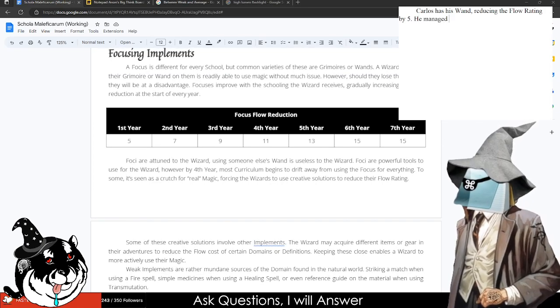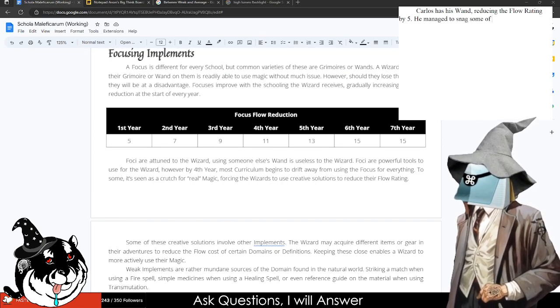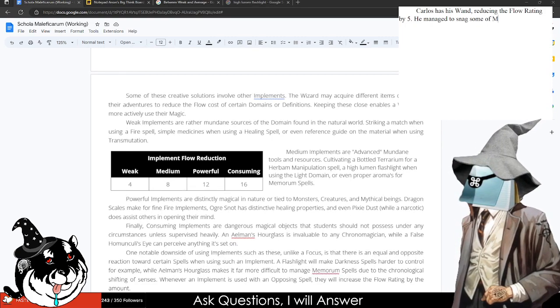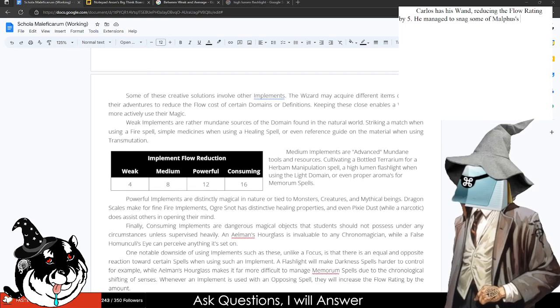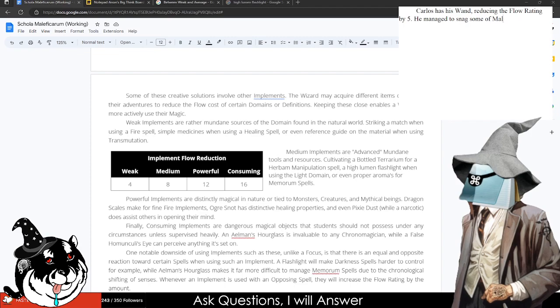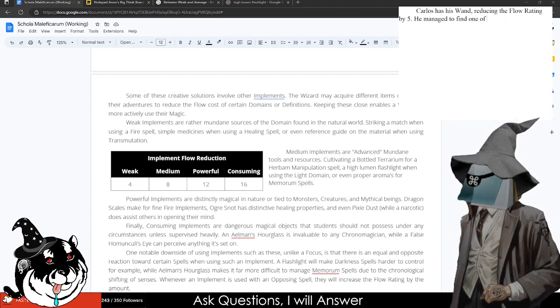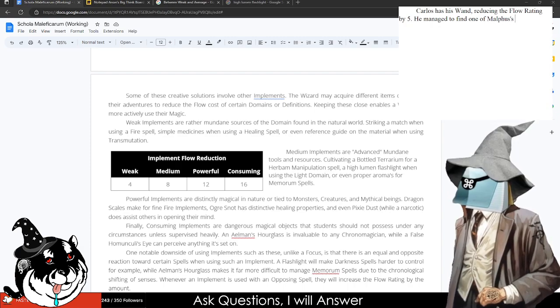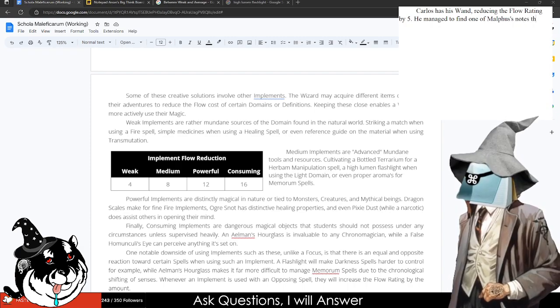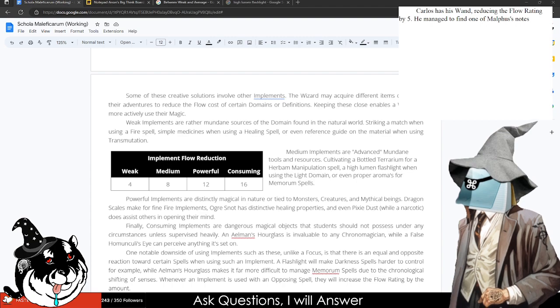He managed to snag some of Malphus's notes, one of Malphus's notes.